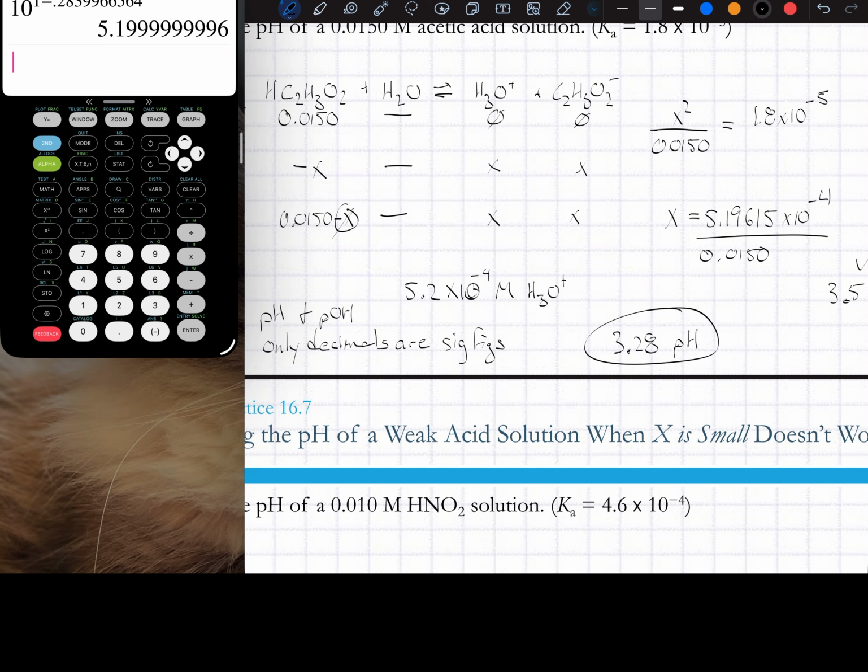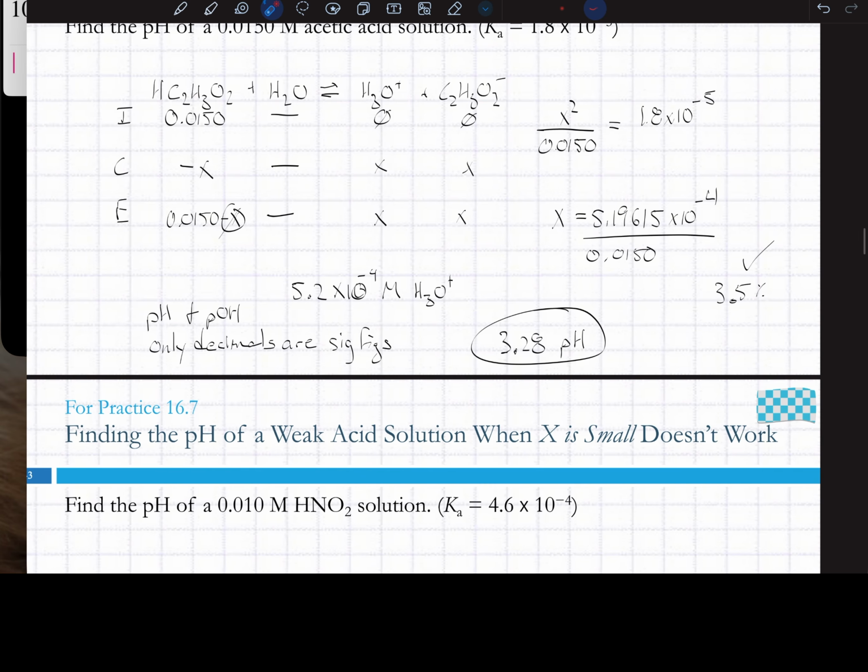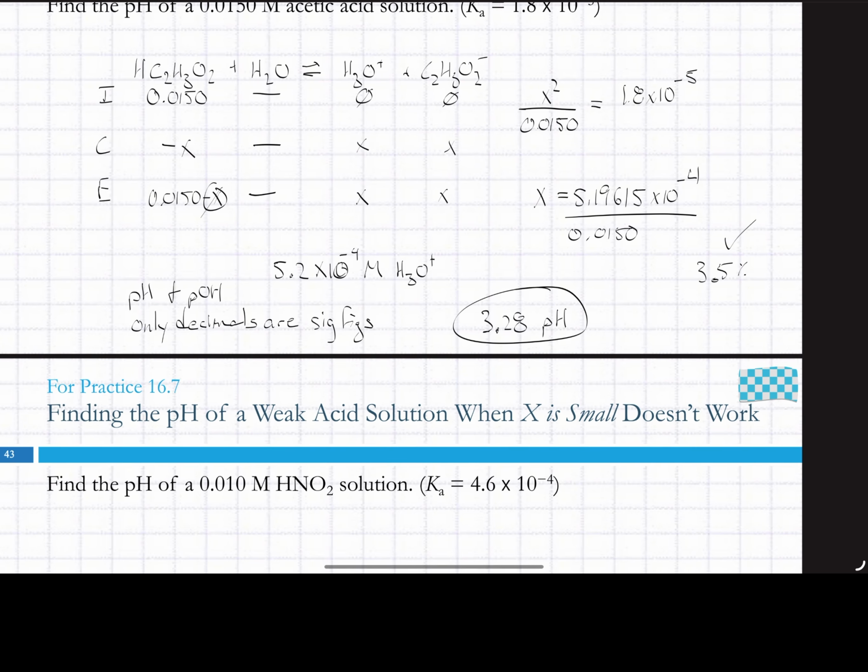So all of the really important information is all the decimal numbers. Everything before the decimal just tells me that that's 10 to the negative 4 or 10 to the whatever. It's the exponent part of the scientific notation. Logs are weird. Very useful, but weird.